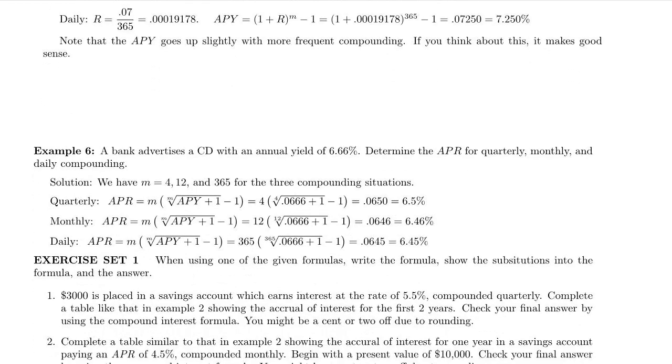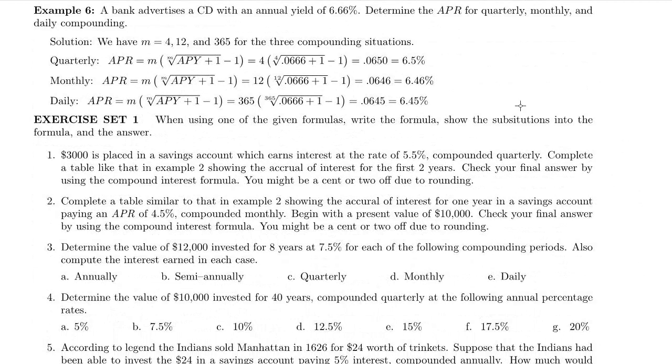And then let's also just take a look over example 6 here. We're given an APY of 6.66% here, and then we're determining the APR for different compounding periods. So if you do quarterly compounding, plugging into the same formula we used with M equal to 4, we get 6.5% APR.